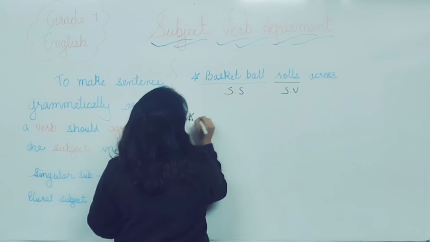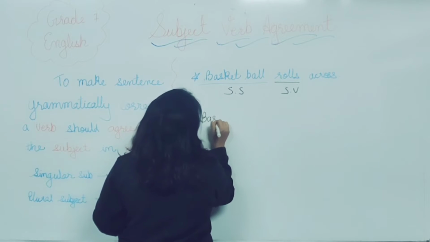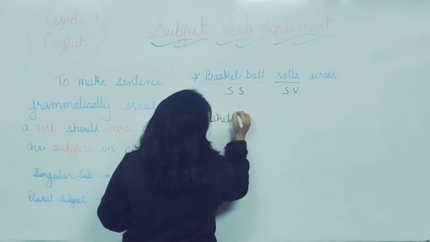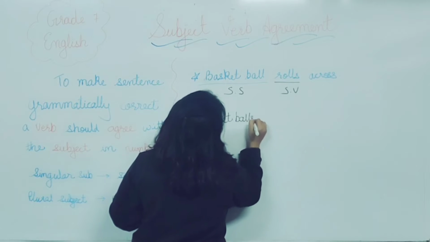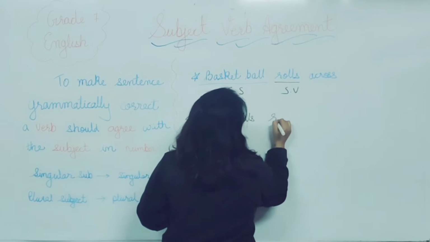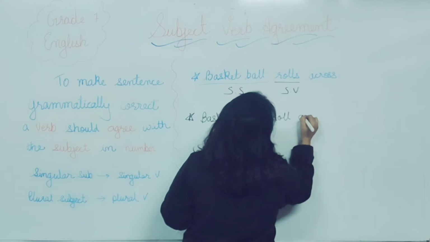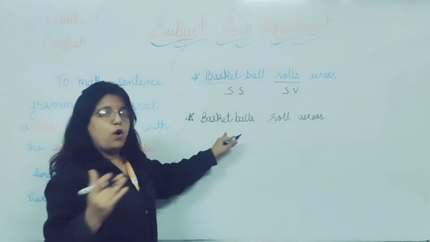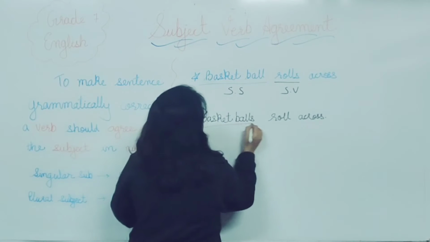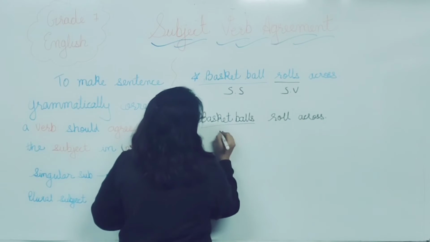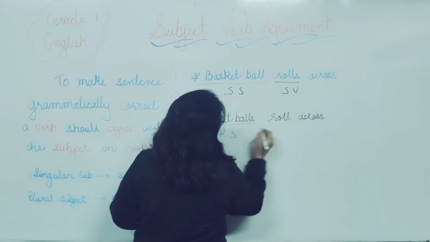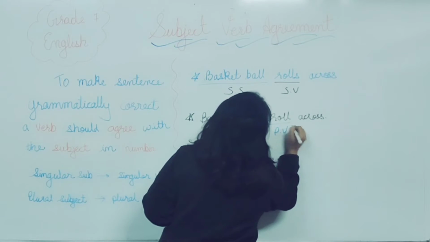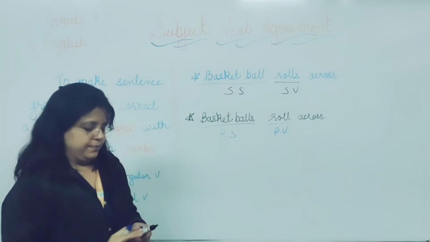But if it is like this, basketballs, then we will add roll. Basketballs. Now here it becomes a plural subject. That's why we take a plural verb with that.